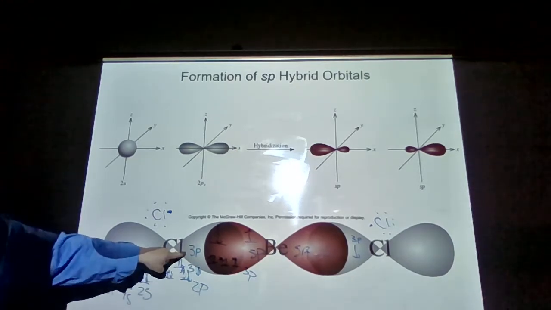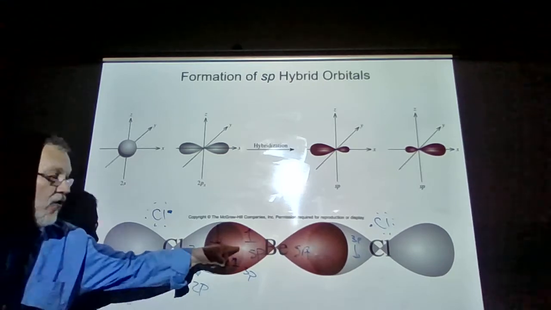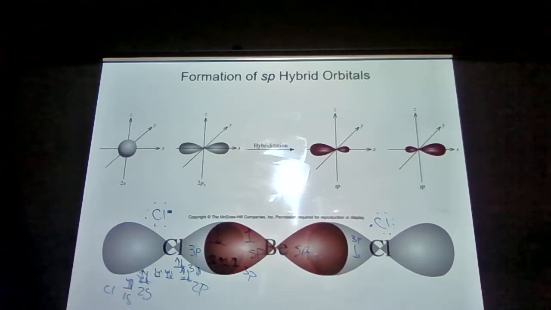So this is an unhybridized 3p chlorine atomic orbital, but the orbital on the beryllium is hybridized.